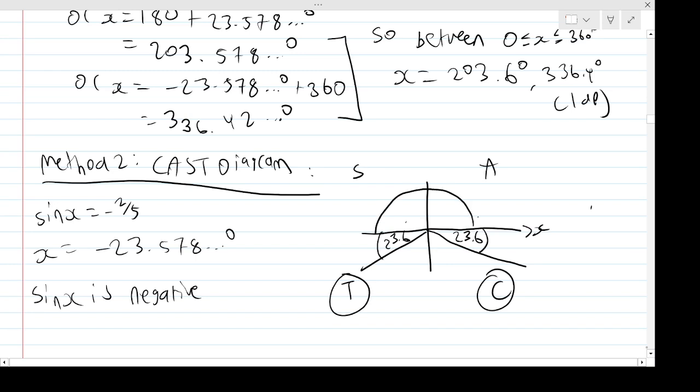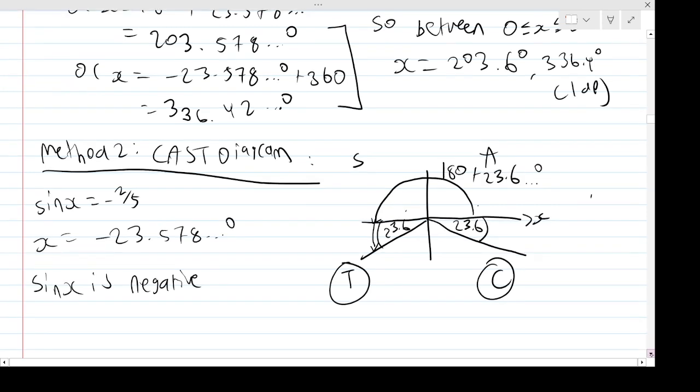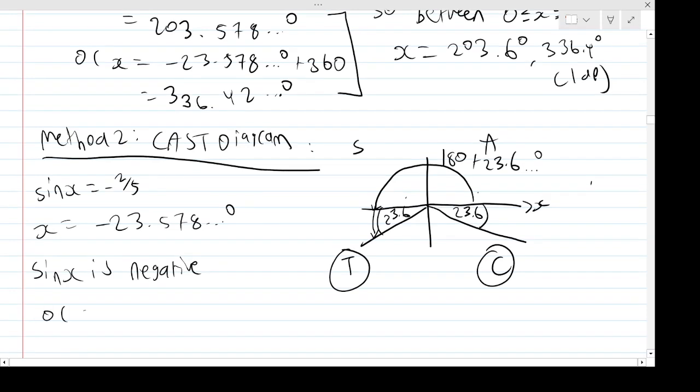that would be 180 add 23.6 degrees, right? So the other solution is going to be, or x is, 180 add this 23.578.